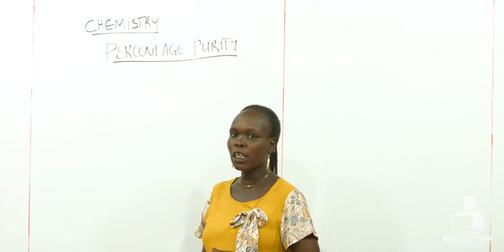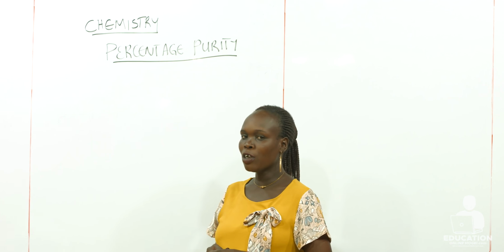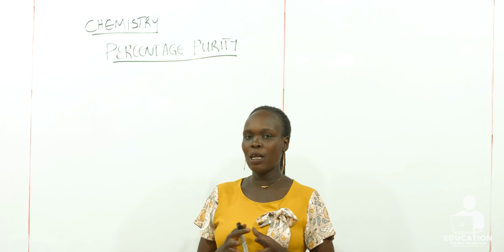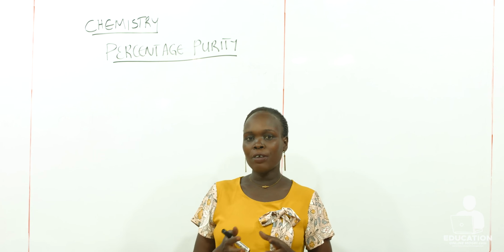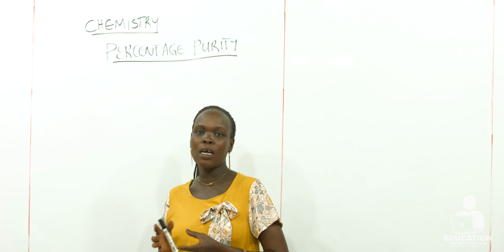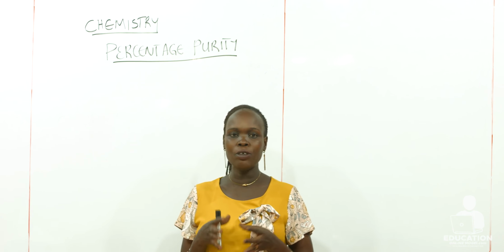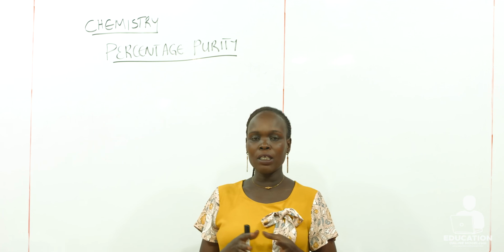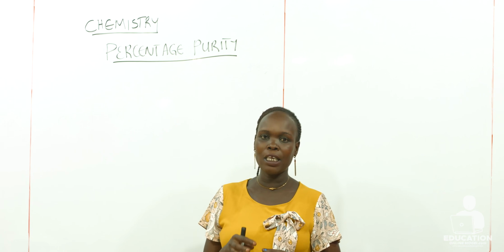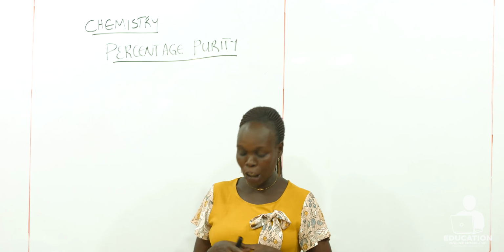What is percentage purity? If we are talking of percentage, it means we need to know something out of 100 of that pure substance that we obtain. If you are in the lab, you need to get a pure substance, or the exact material that you wanted, by percentage.